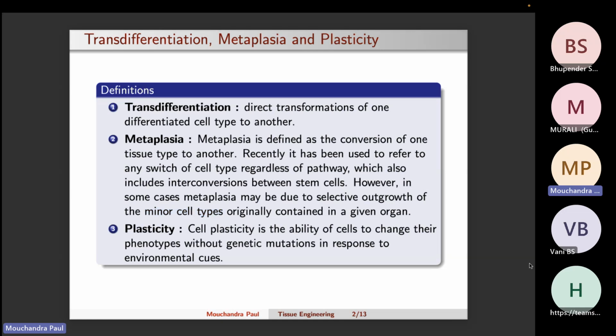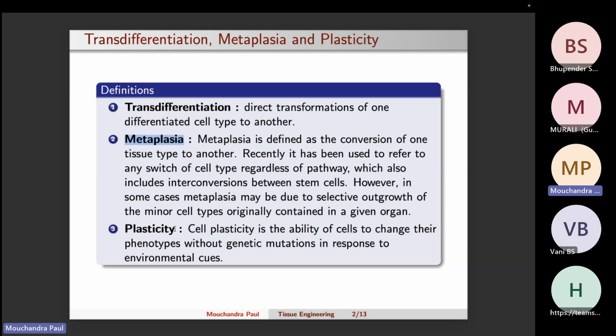These cases can also be called metaplasia. So you can see this term is very broad, and it is used for various mechanisms of cell type conversion.